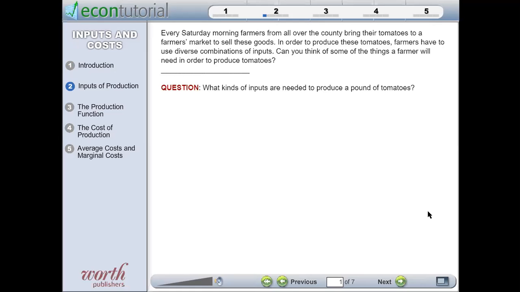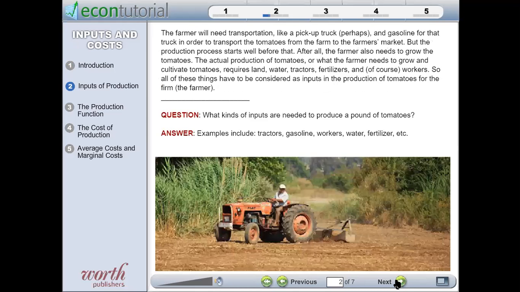And for that higher quality, the combination of the input needs to be in certain form. Because if you change something in the input, eventually it has an impact on the output, right? So a farmer actually needs transportation, like a pickup truck on which he is going to load the tomatoes and petrol, gasoline to drive that truck to the market.